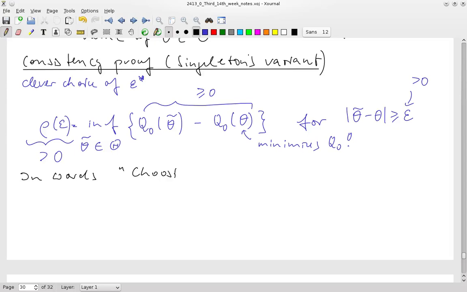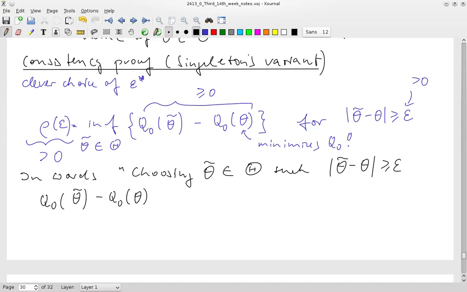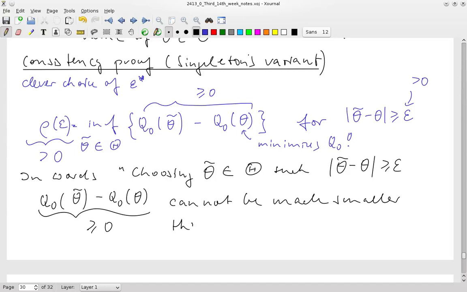If you choose theta tilde out of the set of possible values big theta, such that your choice theta tilde is at least epsilon away from theta in absolute terms, then the difference of the limit function evaluated at your choice and the limit function evaluated at theta, which is its minimum, so this thing is bigger than or equal to 0, cannot be made smaller than rho of epsilon. Okay.